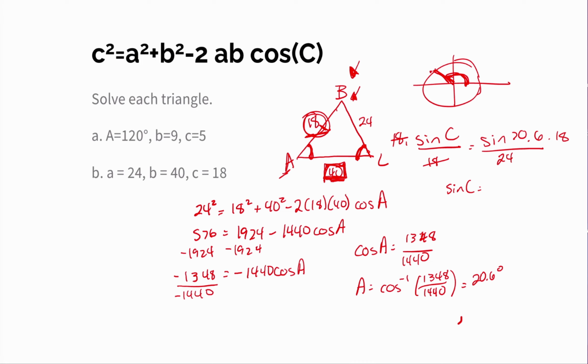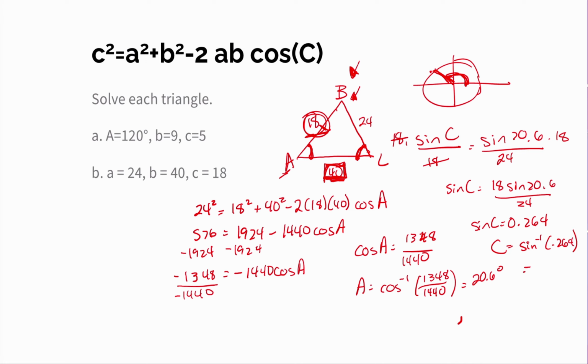Sine C equals 18 sine 20.6 over 24. And when we do that, sine 20.6 over 24 ends up being about 0.264. And so we do C equals the inverse sine of that.